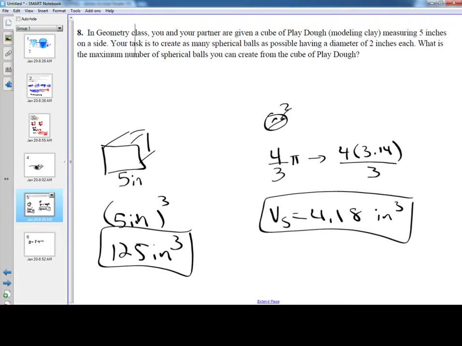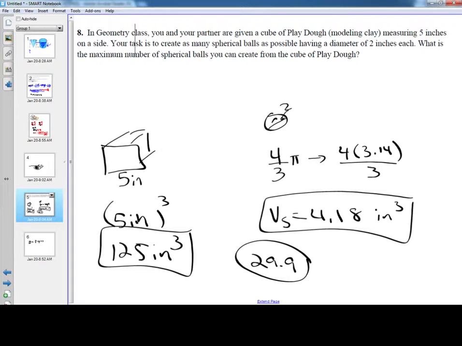What'd you get? 29. Well, it's 29.9, but you can't make 30 because then you have like 0.9 of a sphere. Exactly. So your solution here should be 29, because at the end you've got 0.9, which is not enough to make one more sphere.